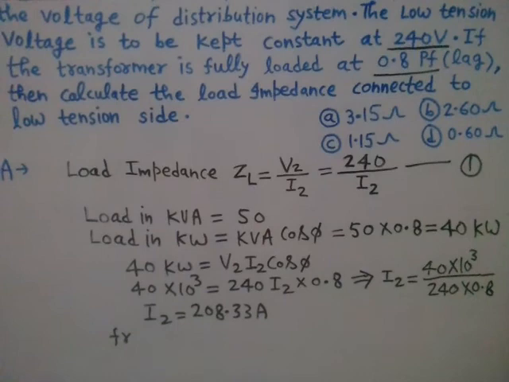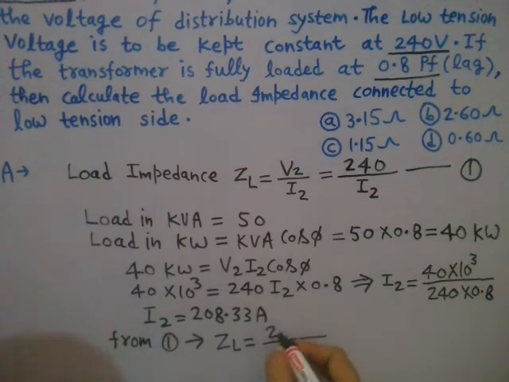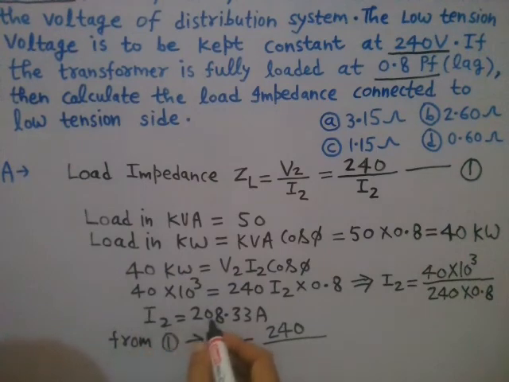From equation 1, very easily you can find the load impedance, because now you know the load current I2. So 240, that is V2, divided by the load current I2, that is 208.33.